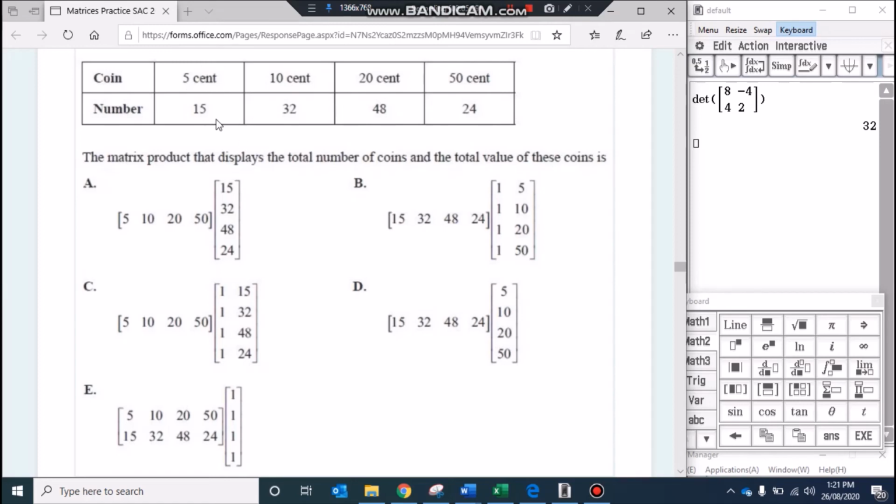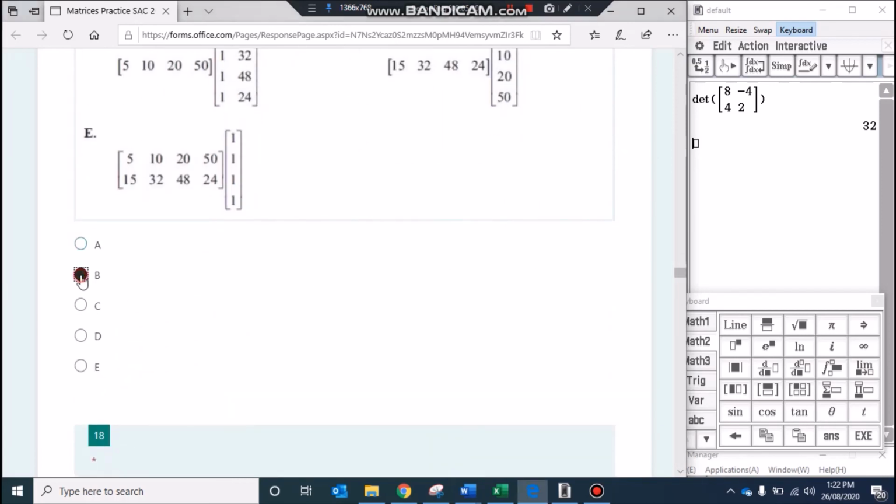So to work out the value of 15 5-cent coins, you multiply 15 by 5, which is what's happening here. Then you're adding 32 10-cent coins, then 48 20-cent coins and 24 50-cent coins. So the second element in this matrix product will be the total value of the coins. So that's how we're thinking the answer is option B.